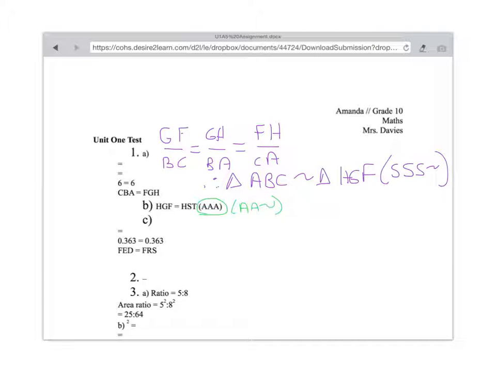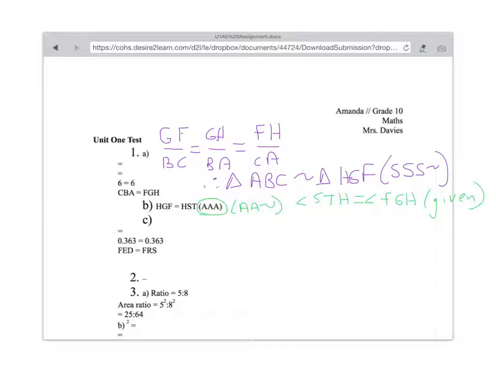But that's great as a concluding statement. You're just missing the middle part, which is to say angle STH equals angle FGH, and that information is given in the question, so you write given in brackets.